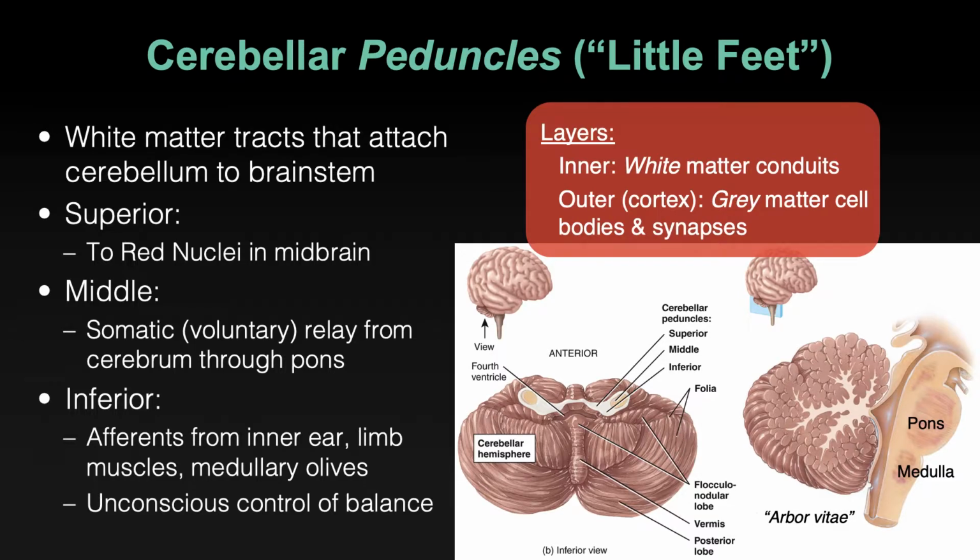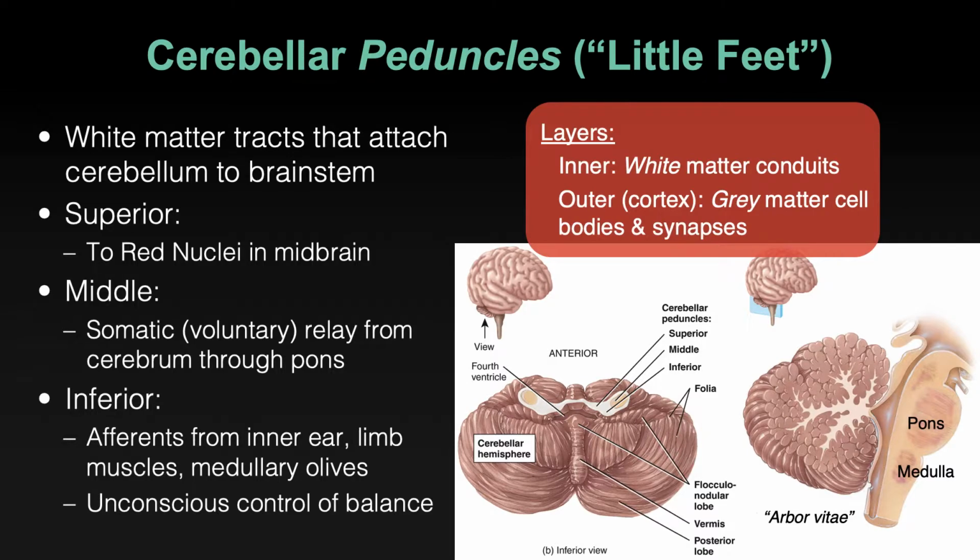This is also where that modifying information arrives. The modifying information from the olives of the medulla. If I happen to fall over, whatever my plan was for maintaining my balance didn't work. And so signals would arrive at this location to modify that plan in future.